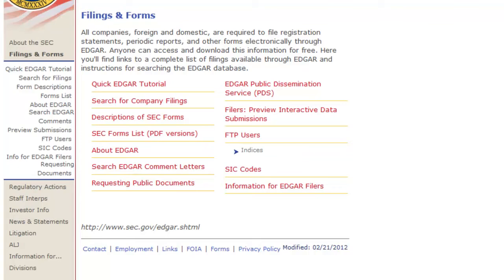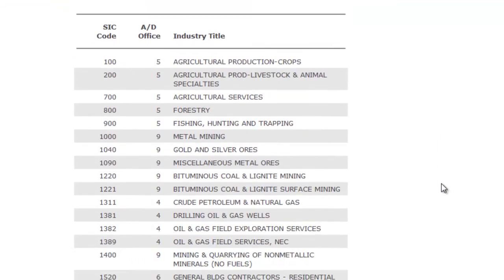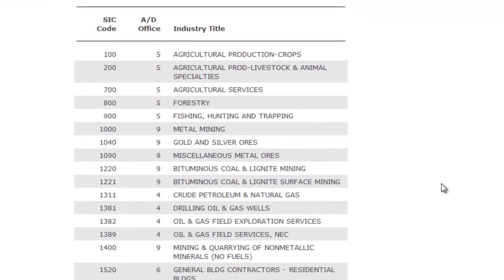Let's move on to the next option, which is SIC codes. Through the SIC codes option, you can access the SIC codes for particular industries. SIC stands for Standard Industrial Classification. So let's go ahead and access it. As you can see, you are taken to a page where you get a list of industries and SIC codes assigned to them.